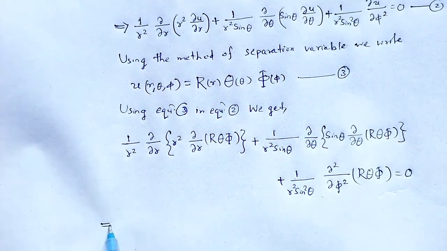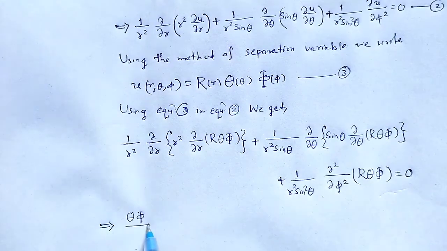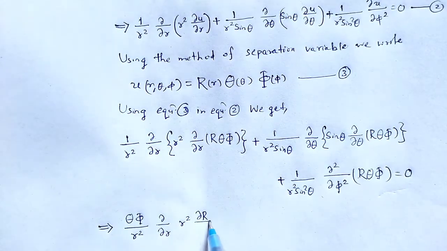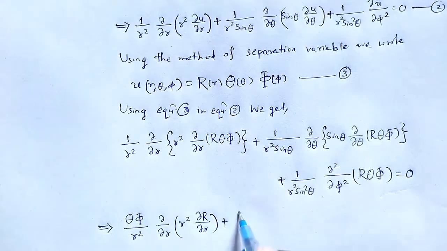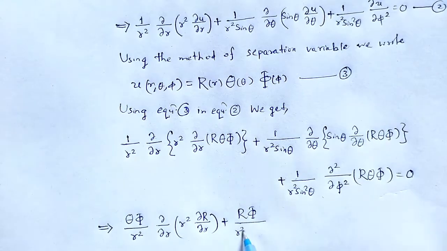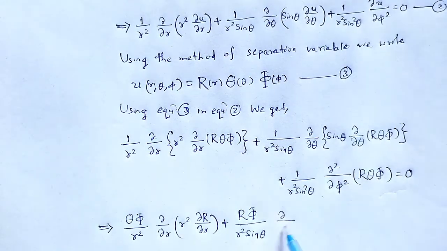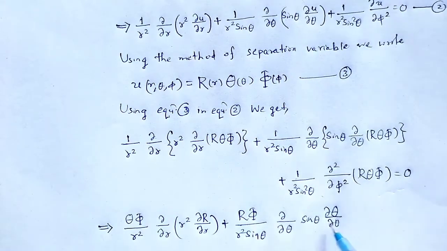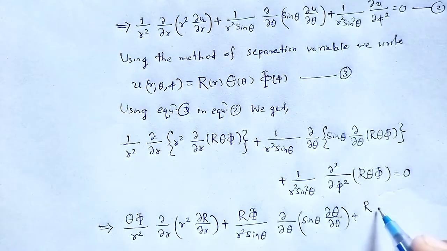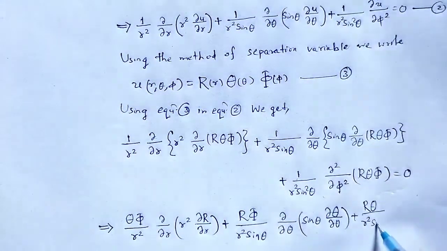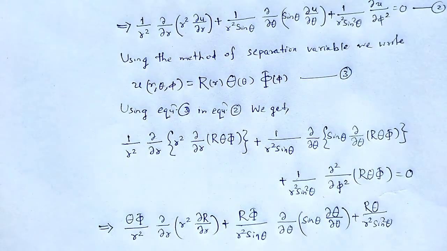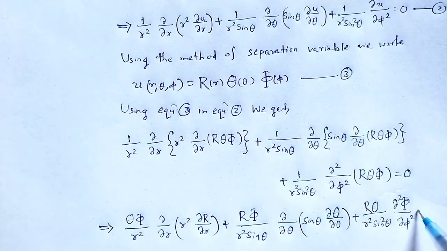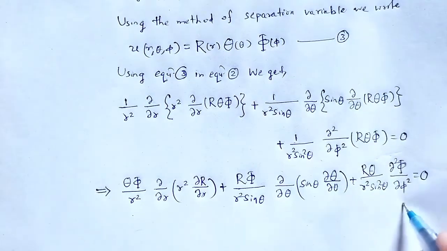Which implies Theta Phi by r square del by del r of (r square del R by del r) plus R Phi by r square sin theta del by del theta of (sin theta del Theta by del theta) plus R Theta by r square sin square theta del 2 Phi by del phi 2 is equal to 0. Let that be equation number 4.